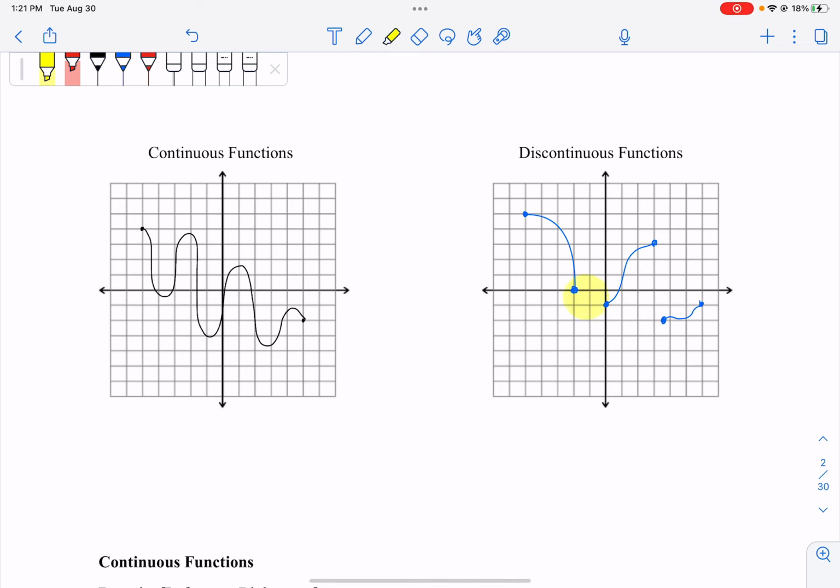The parts I'm highlighting right now are the little gaps, the spaces in between one end to the other. So this is what we call a discontinuous function. It's discontinuous because there's some sort of stoppage, either towards the beginning or the end or in the middle. There's something that doesn't make it a perfectly smooth line.